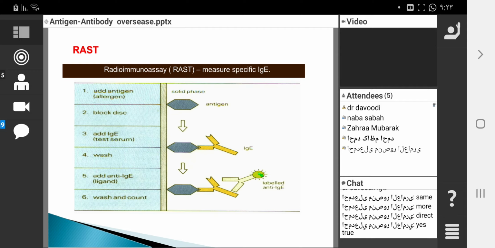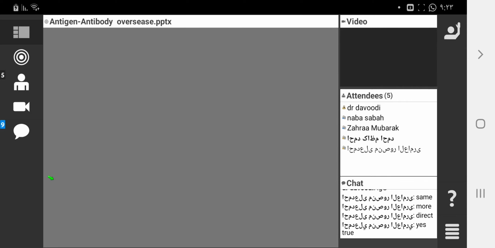So here more radioactivity means more antigen-antibody complex. Any question? No.